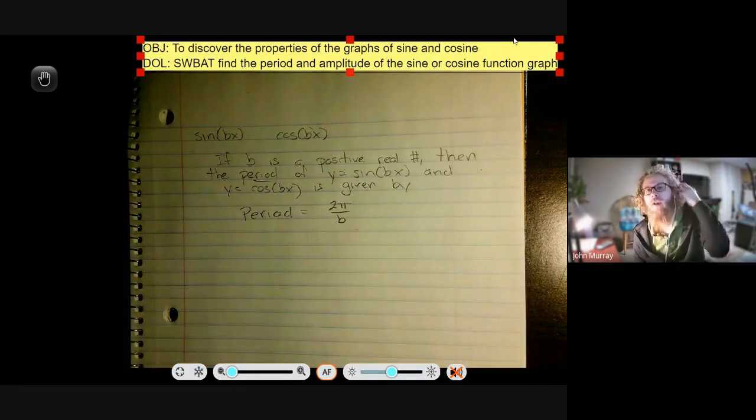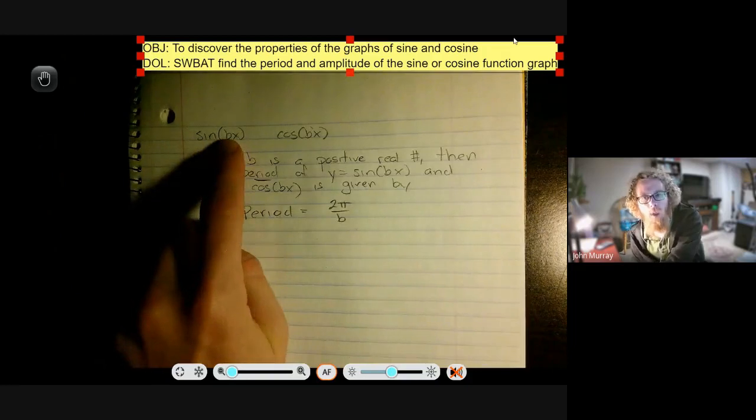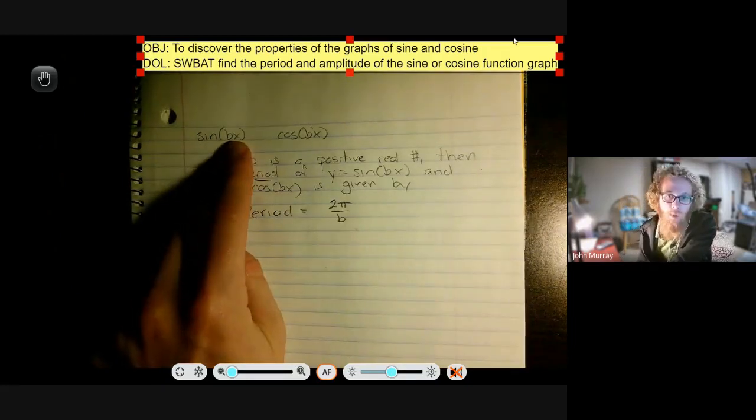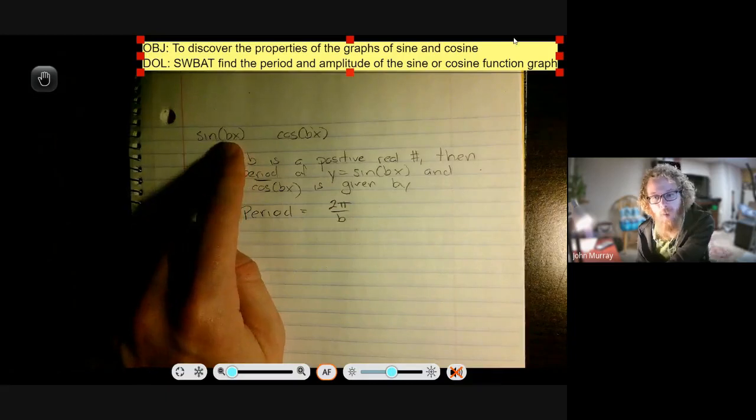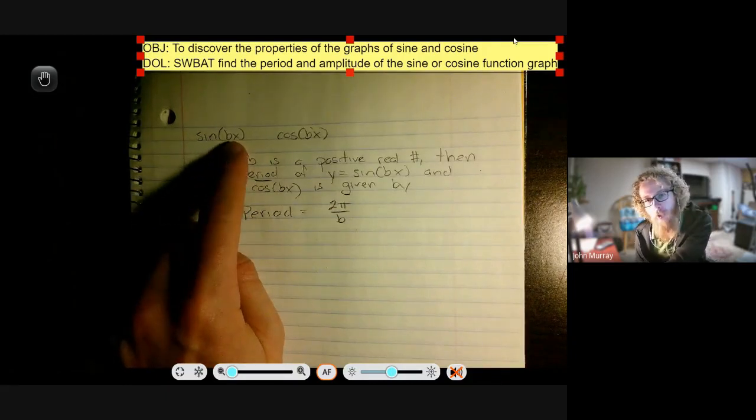Very straightforward. So what happens here is, because I'm multiplying the independent variable that we're plugging in, it's directly affecting that.